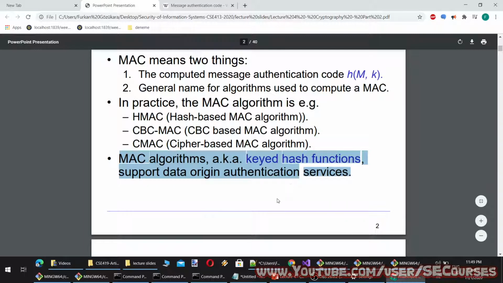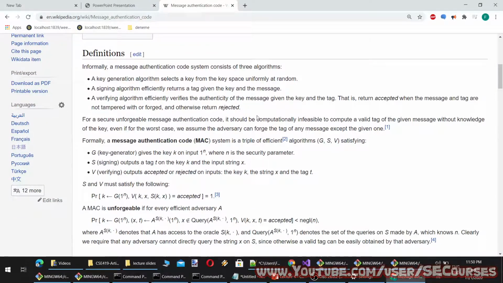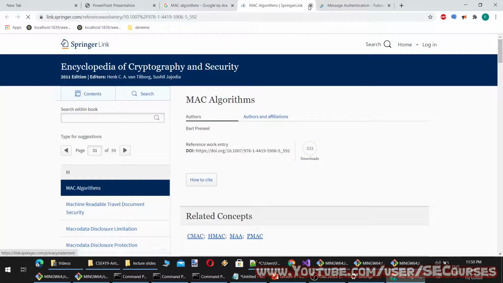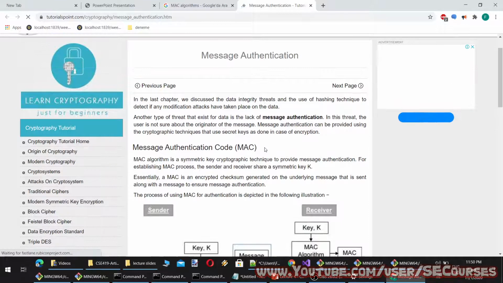MAC algorithms, aka keyed hash functions, support data origin authentication services. Let's get some more information from other pages. I think there was a good page explaining it. Okay, this was a good page to explain it.